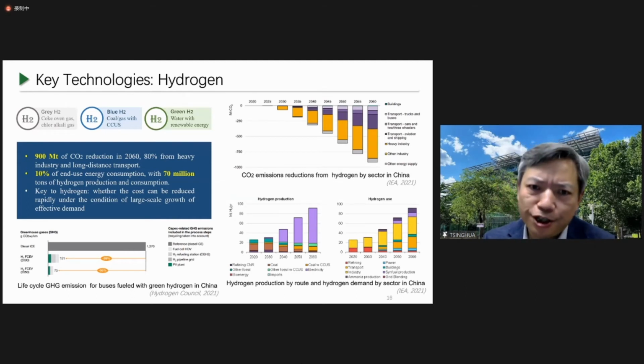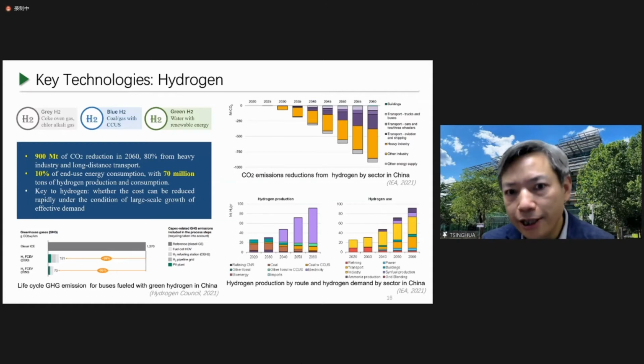On the production side, electricity will become the dominating energy source with a proportion of about 70%, followed by fossil fuel with CCUS.